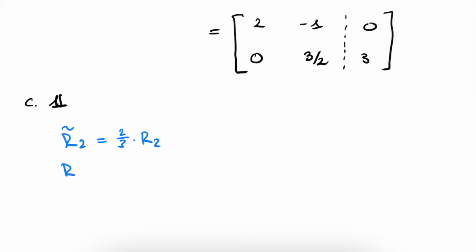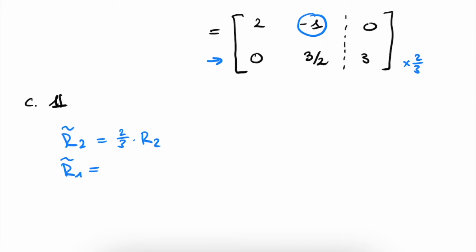Now for the new first row, let's see how we can get what we want. And what we want is to have a 0 on this place in this row. So how do we achieve this? Well, what if we now just add this row, but not simply add this row? No, we have to multiply this row with 2/3 first and then add it to the first row.